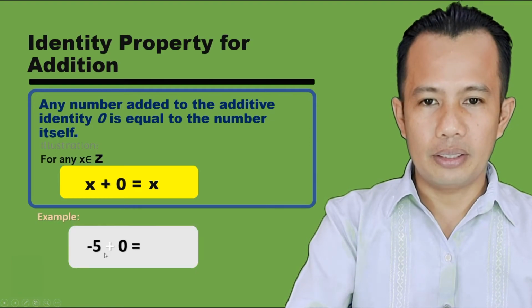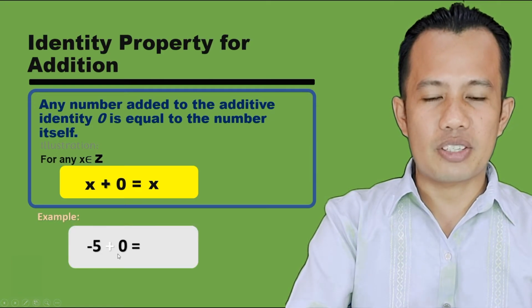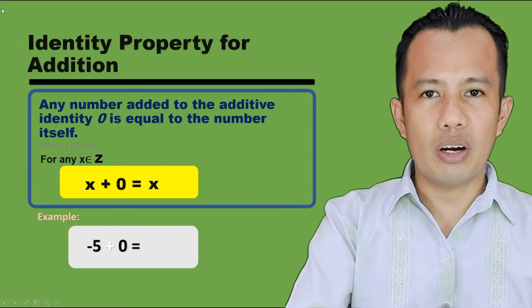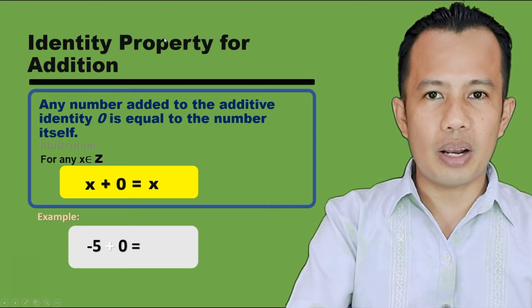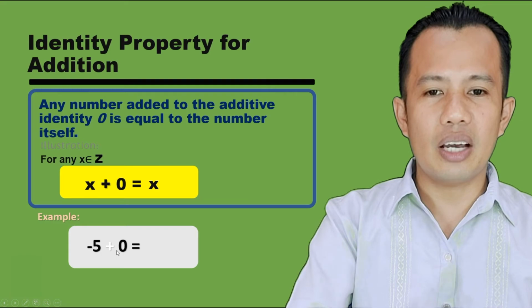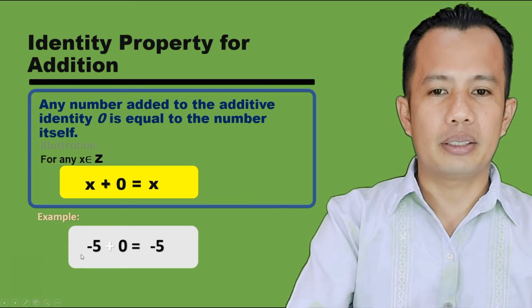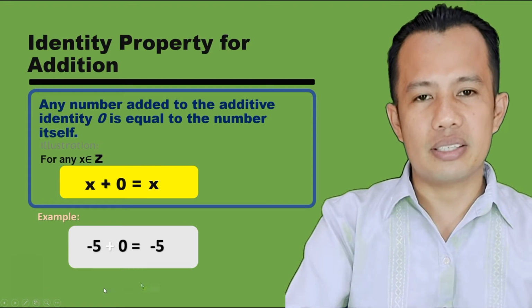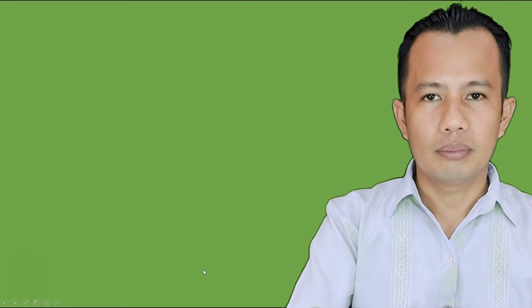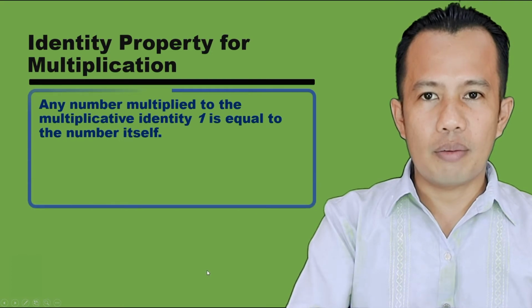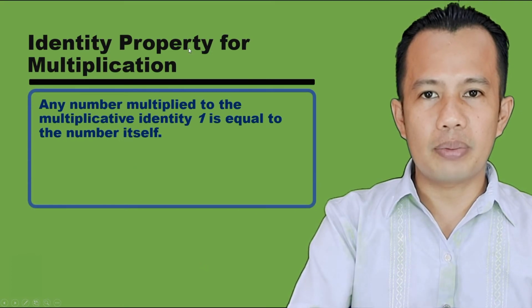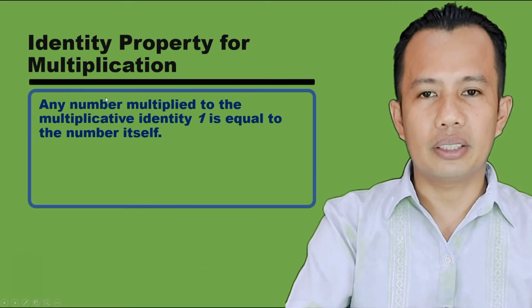For example, negative 5 plus 0. By virtue of identity property on addition, any number added to 0 is always the number. Negative 5 in this case. Next property, identity property of multiplication.